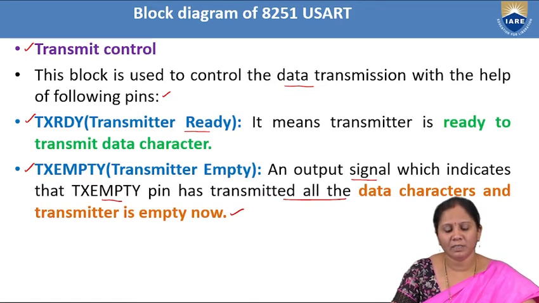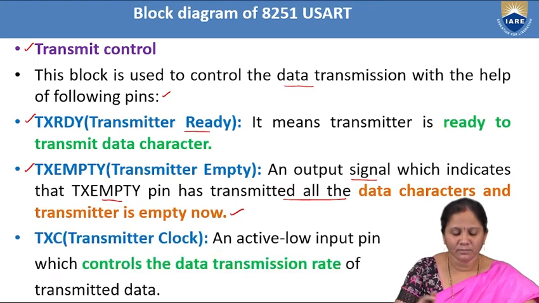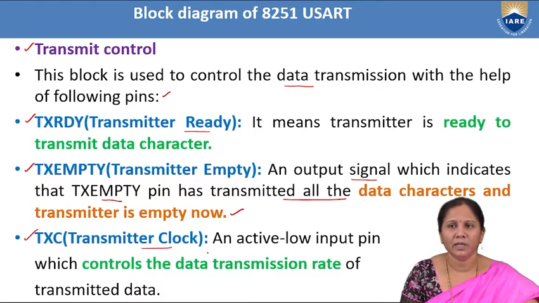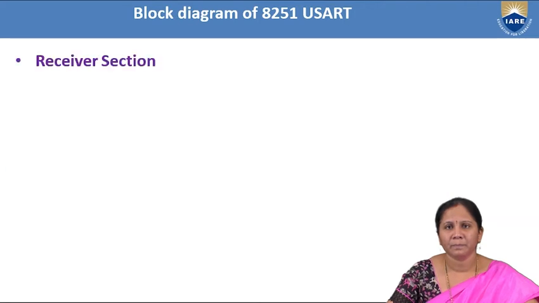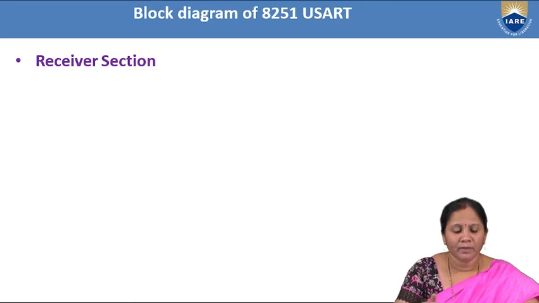If the TXEMPTY signal is enabled, it indicates that the complete data has been transmitted and there is no information present in the transmitter. And the next signal is TXC. TXC represents transmitter clock. It is an active low input pin which controls the data transmission rate of the transmitted data. So that is what concerns the transmitter section.